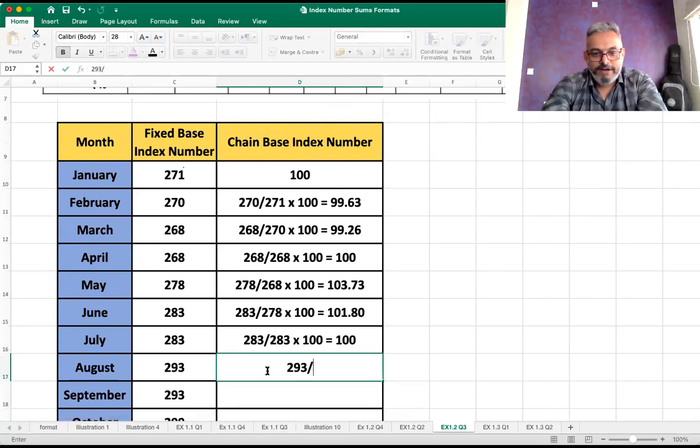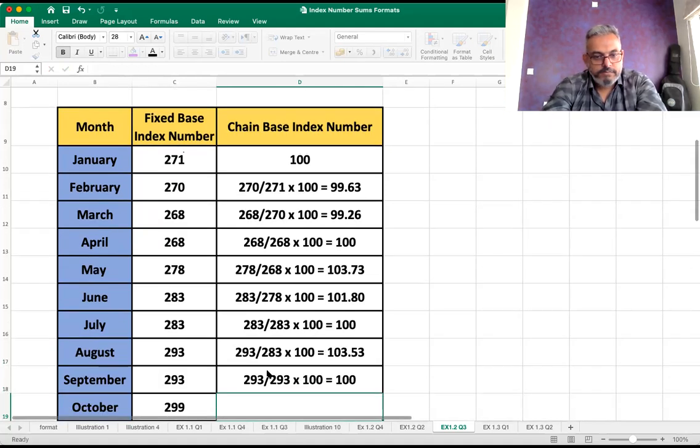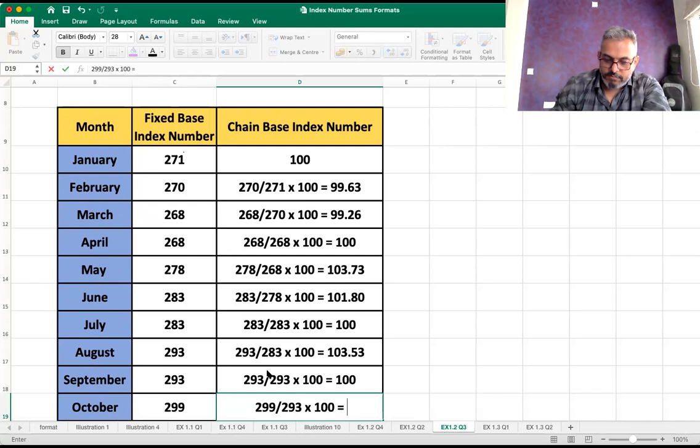Then 293 divided by 283 into 100, which is 103.53. 293 divided by 293 into 100, which is equal to 100. 299 divided by 293 into 100 is 102.047, so 102.05.